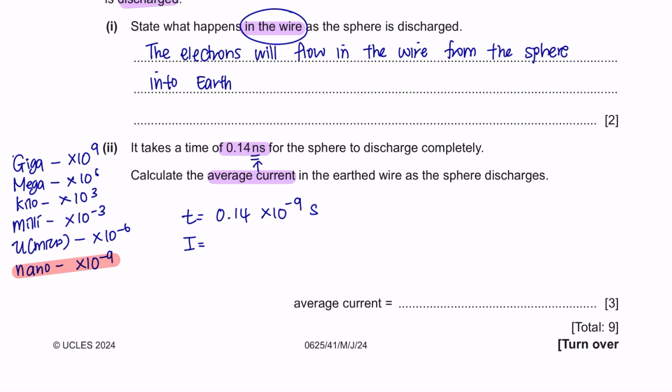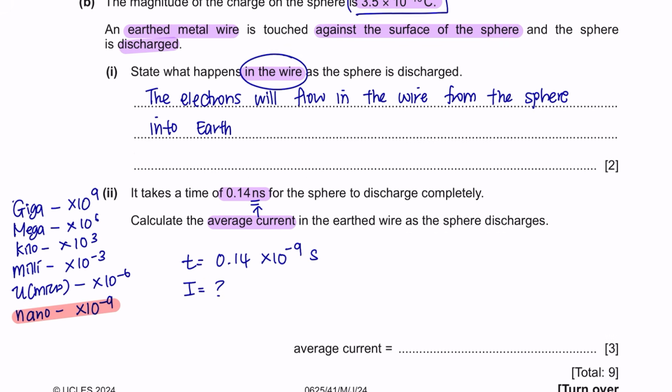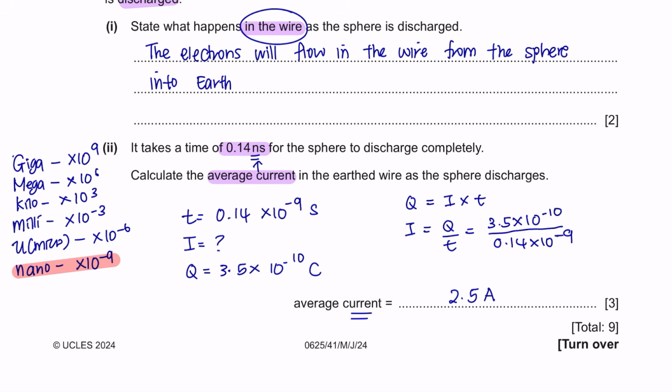You are asked to find the current, and another piece of information that was given to you is the charge. So the formula related to this is Q equals I times T. Rearranging current as your subject, you would get I equals Q over T. Now just substitute your values in. Current of 2.5. And do not forget your unit for current is ampere.